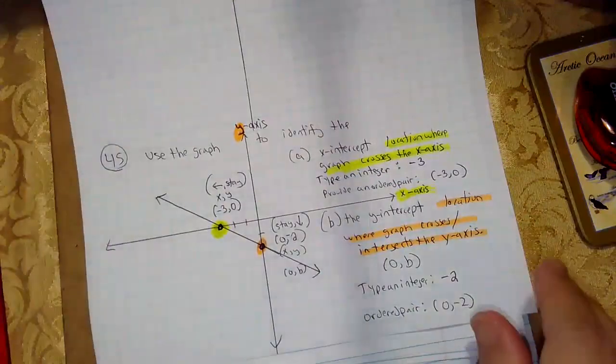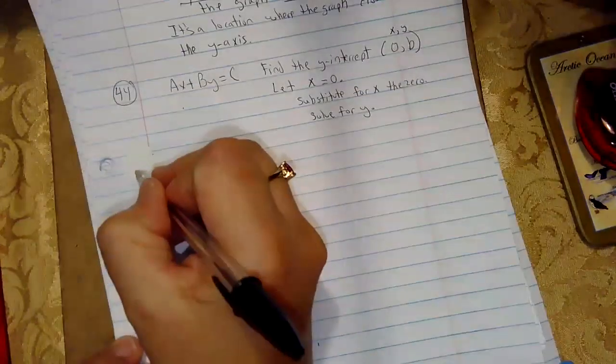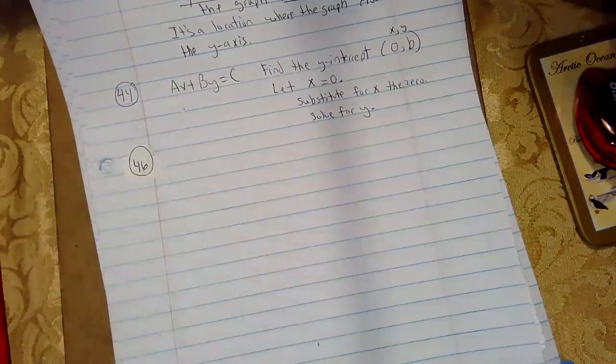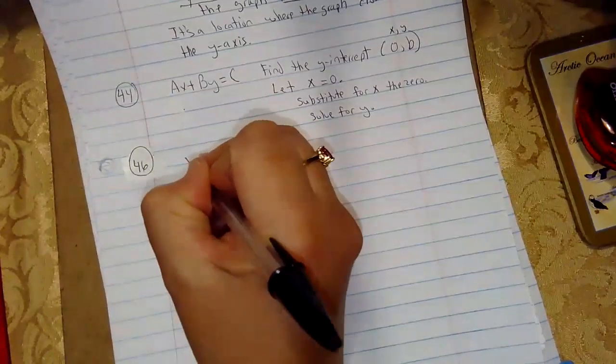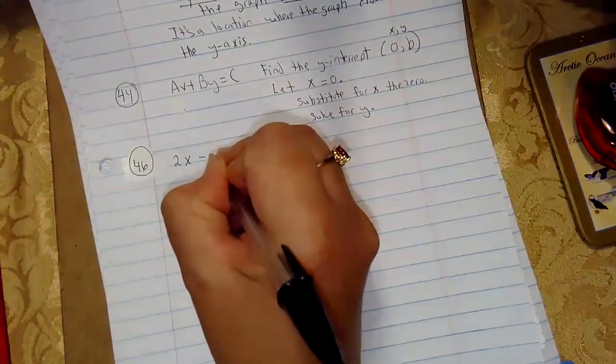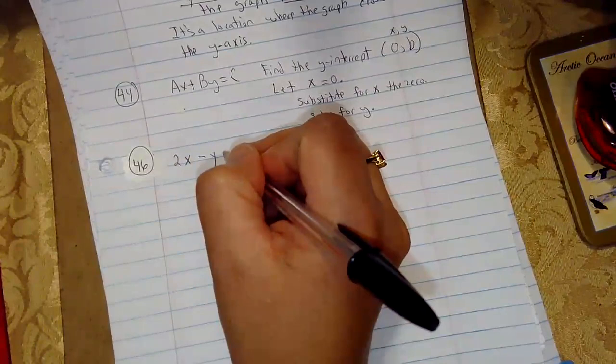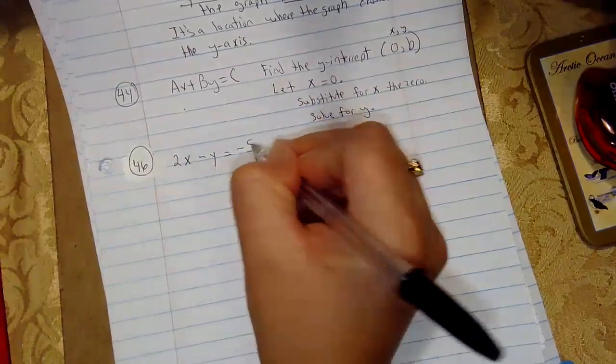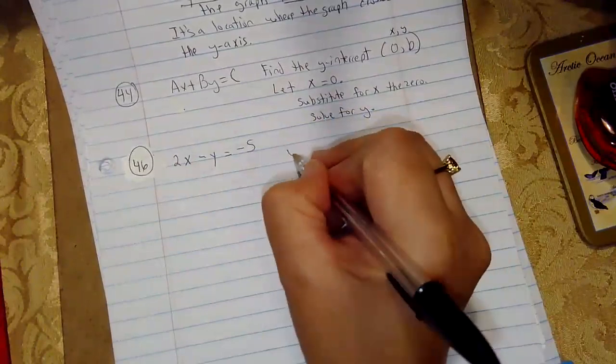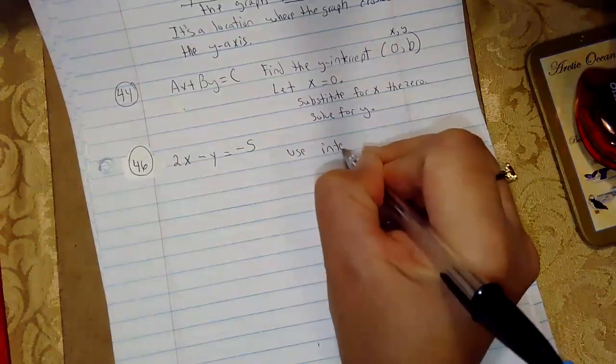Okay, let's see what's happening on 46 now. Use the intercepts and a checkpoint to graph the equation 2x minus y equals -5. So they want you to use intercepts, and there's two intercepts.